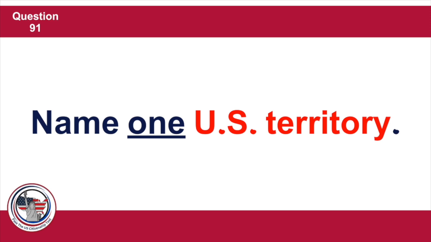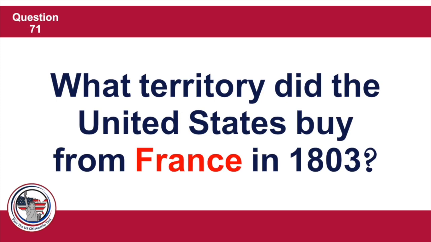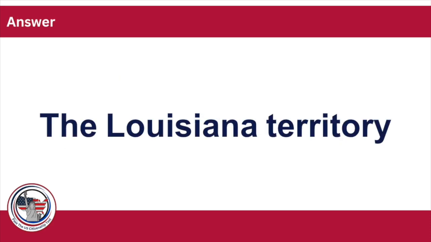Name one U.S. territory. Guam. What territory did the United States buy from France in 1803? The Louisiana Territory.